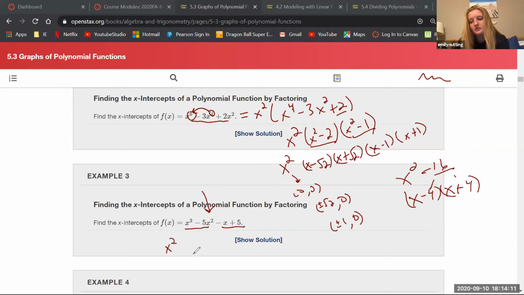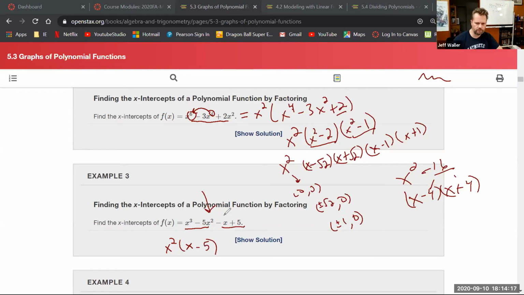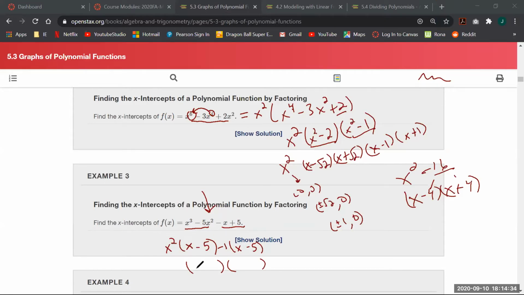And what's left? X minus 5. And what's got to come out of these two? Negative 1. Good. Because they're all opposite signs of what they're supposed to be. And then, of course, I get x squared minus 1.